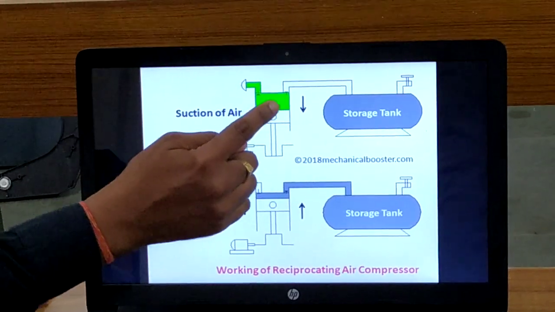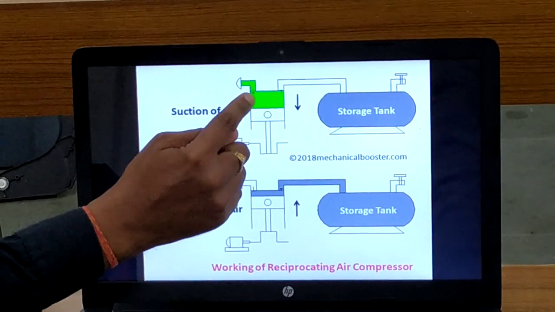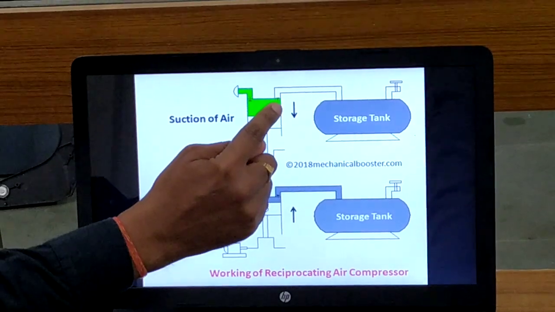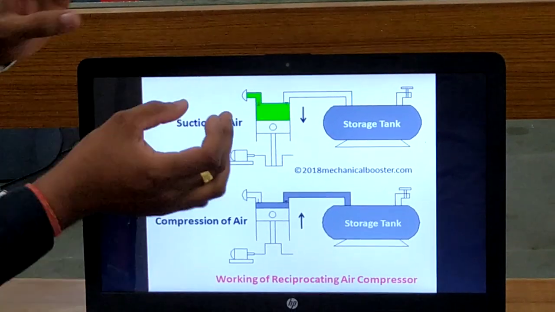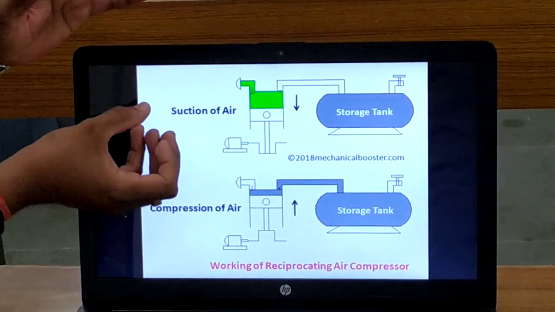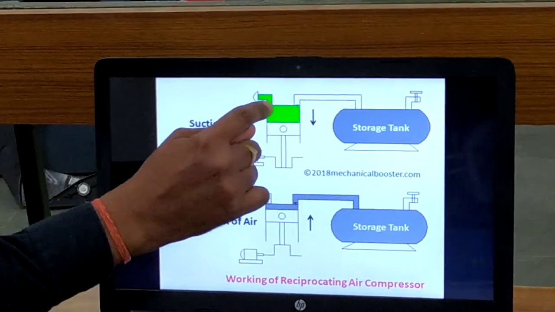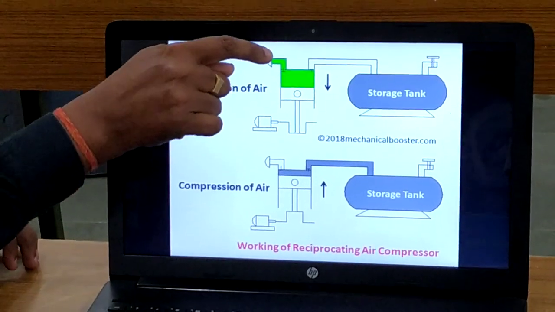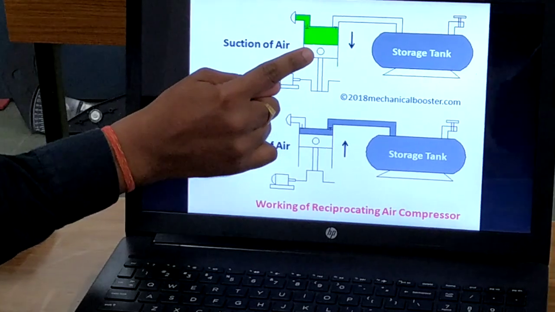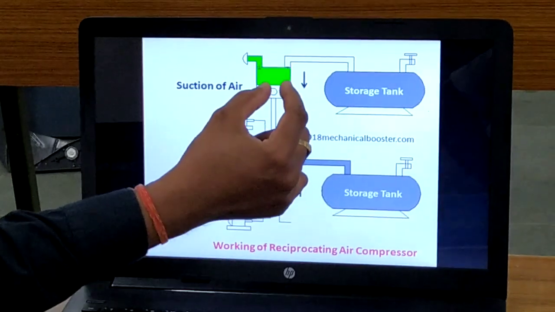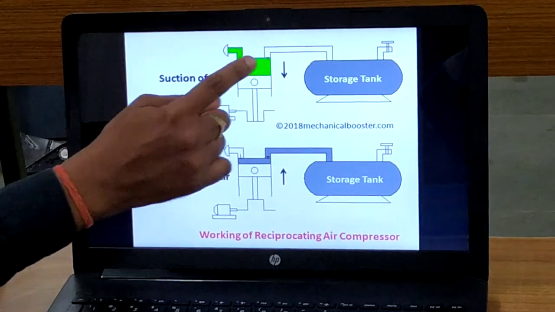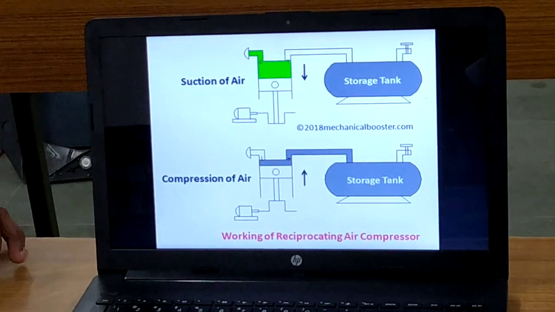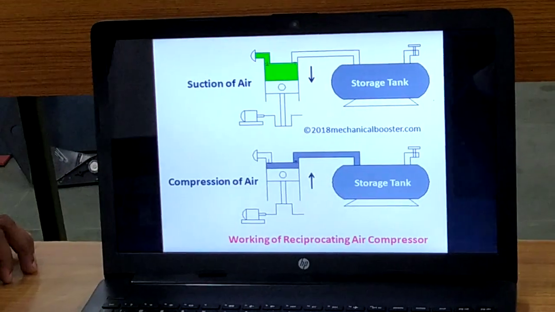There are two valves. This is the suction valve or inlet valve, and this is the exhaust valve. When suction of air is happening, the inlet valve is open and the air is sucked inside the cylinder, the piston moves downward, and the outlet valve is closed, and this is connected to the storage tank.